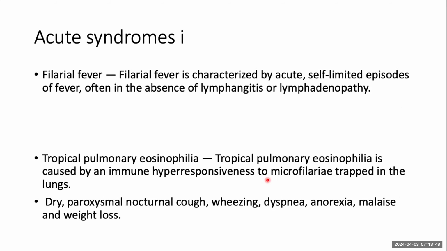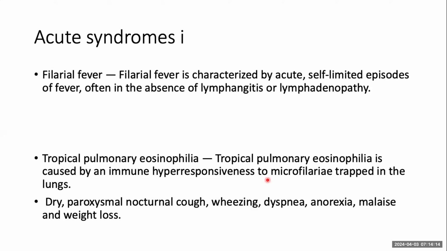The third is filarial fever, which is characterized by recurrent episodes of self-limited fever, often in the absence of lymphangitis or lymphadenopathy. And the fourth one is tropical pulmonary eosinophilia. This presents with a dry cough most of the time. The cough is said to be nocturnal in nature. There might be dyspnea, anorexia, malaise.